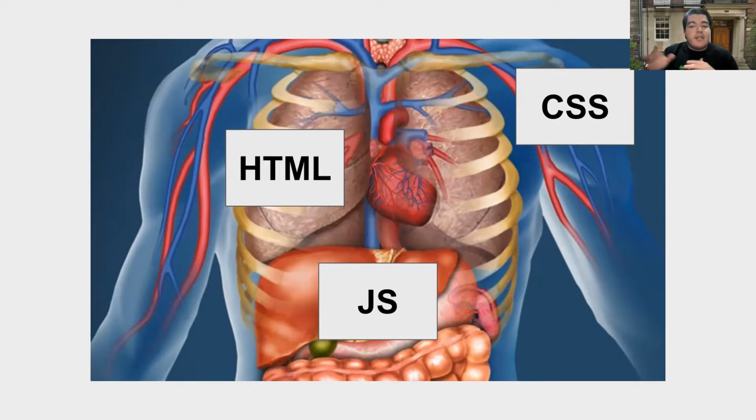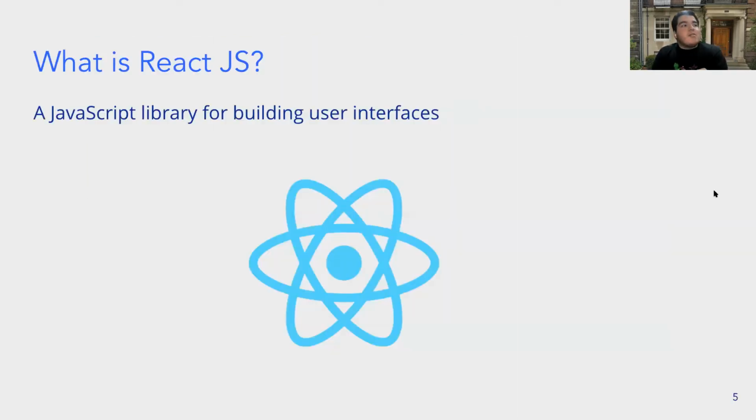These libraries operate at a higher level, and they're in charge of converting our code at a higher level into lower level HTML code. And that's exactly what React is. React is a JavaScript library that's used for building user interfaces. So React isn't really a new coding language, but it builds off JavaScript, and it allows us to build websites in a more broken down way.